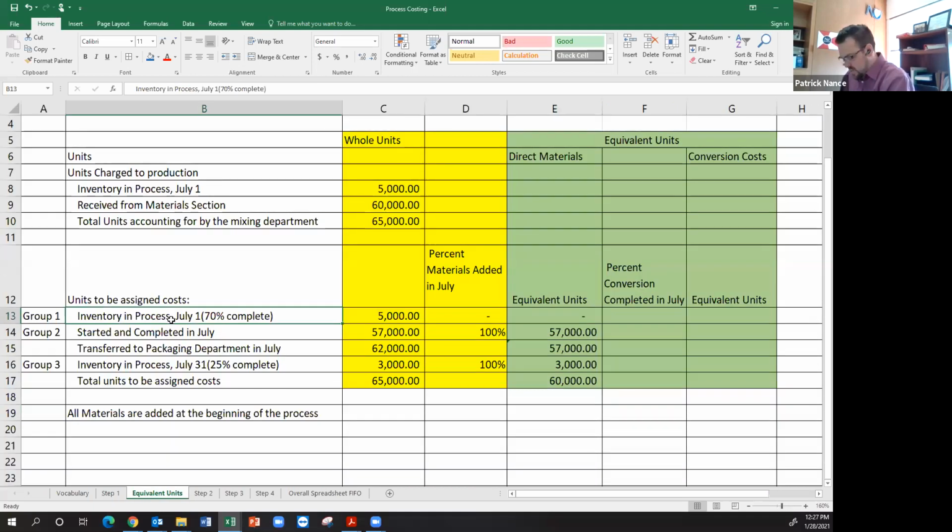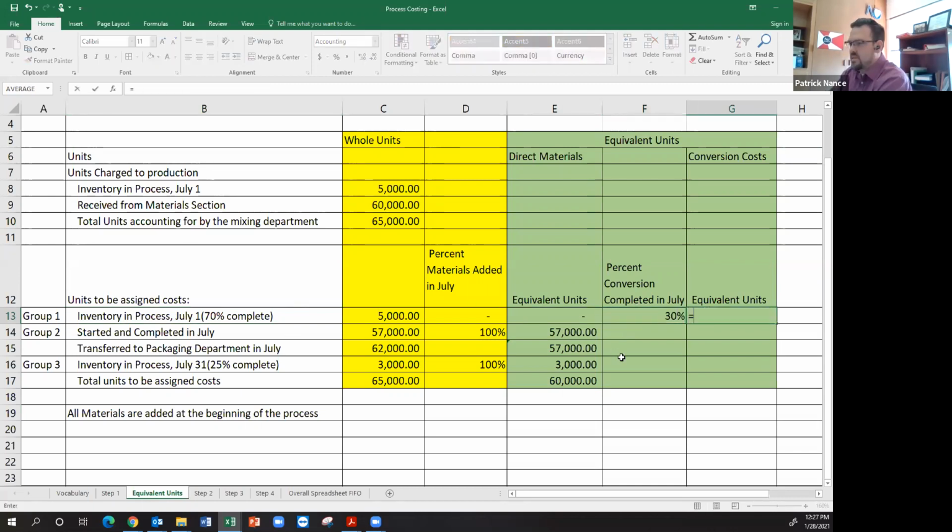If it is 70% complete, that means in order to make it 100% complete, I would add 30% of the conversion cost. So I'm going to take the 5,000 times how much percent conversion we needed to complete them in July. That gives me 1,500 equivalent units.